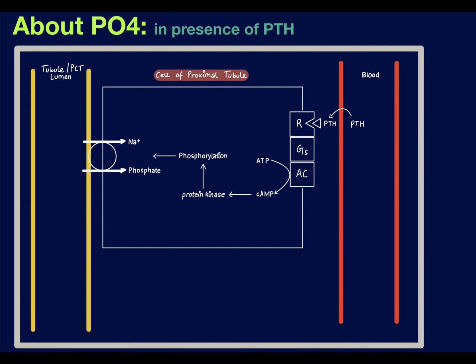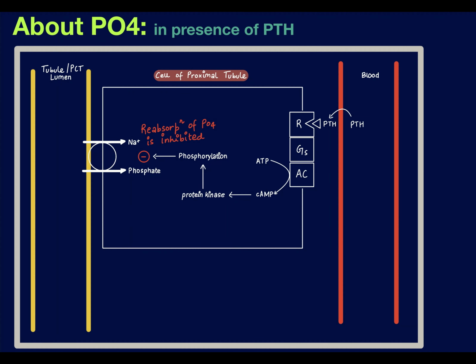This leads to activation of the parathyroid receptor, which via the stimulatory G protein activates adenyl cyclase, denoted by AC. Activation of adenyl cyclase leads to increased formation of cyclic AMP, which further activates the protein kinases. Protein kinases cause phosphorylation of NPT2A and NPT2C transporters.